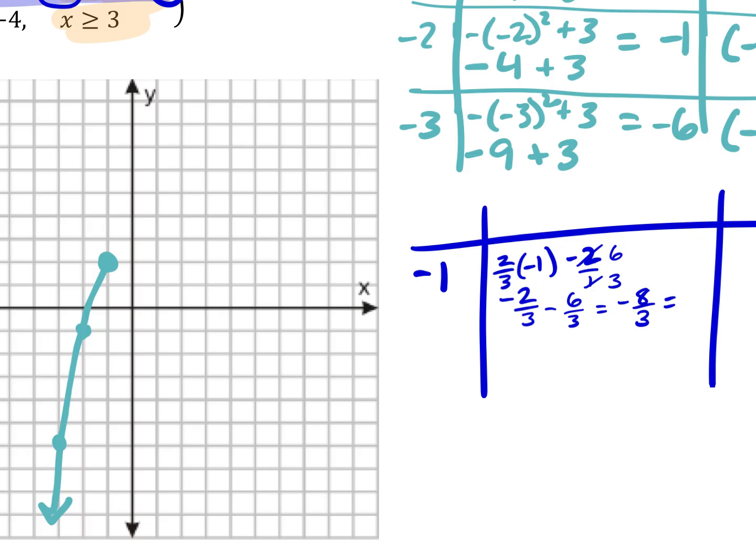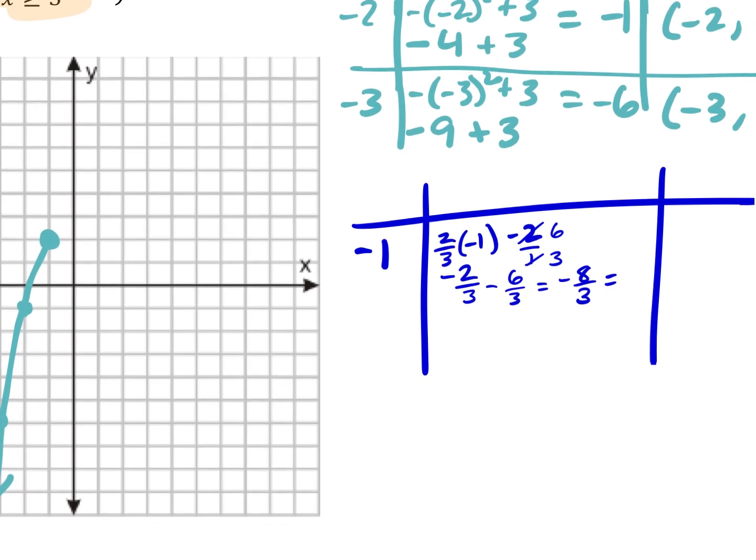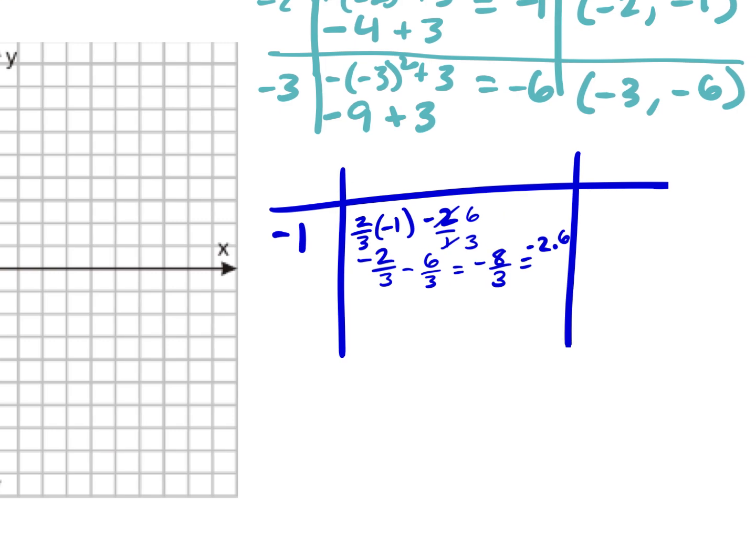But how many times does 3 go into 8? 2 something. So we just know that it's going to be a little bit bigger than 2. So I'd say it'd be like -2.6. But really if you graph -2 a little bit more than -2, they're going to look the same. It's pretty much the same thing. So just as long as you know where you're close to.